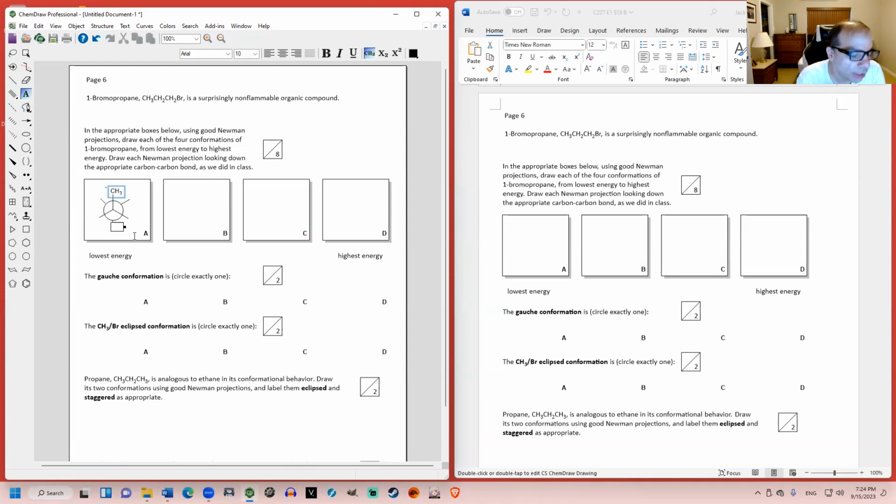And the lowest energy conformation will have the methyl and the bromine anti to each other. So that's the lowest energy conformation.